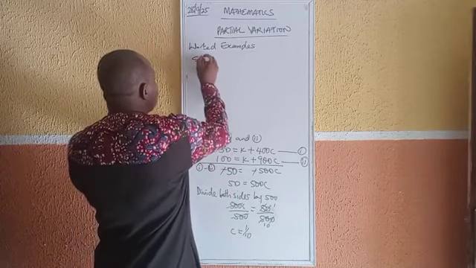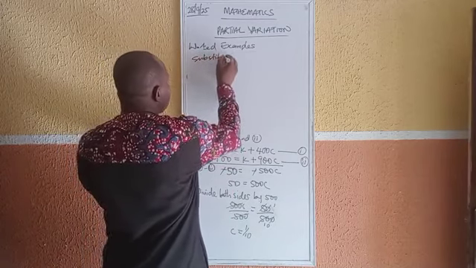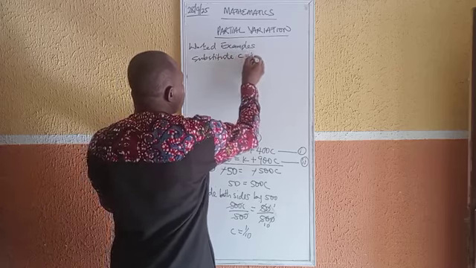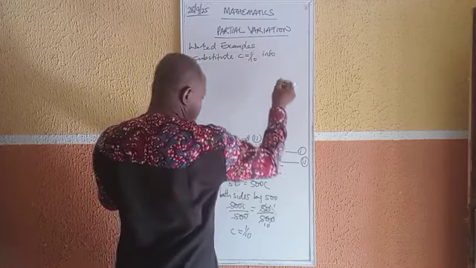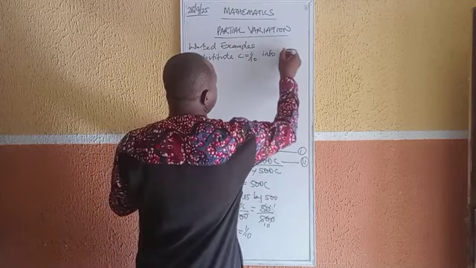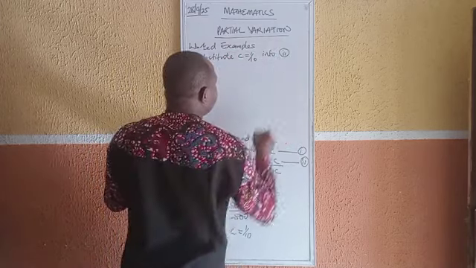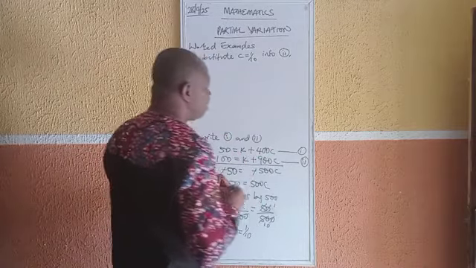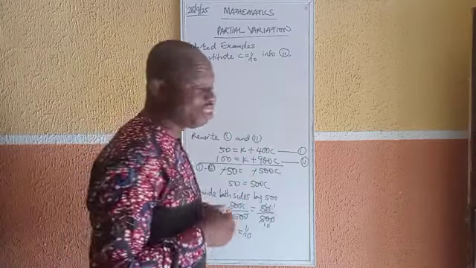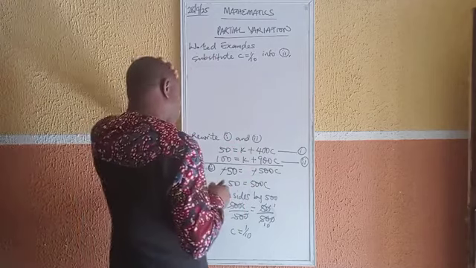So substitute C equals 1 over 10 into, let's use equation 2 now. I know sometimes you may be asking why we are always using equation 1. Let's use something different. Into equation 2.